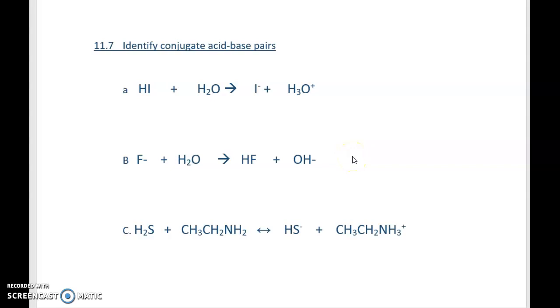So here we have HI, I'll just call it that. And we're going to first figure out what it goes with on the other side. And I think it goes with this iodide ion. And the water then must go with the hydronium. So water is gaining a hydrogen as it goes across the reaction.